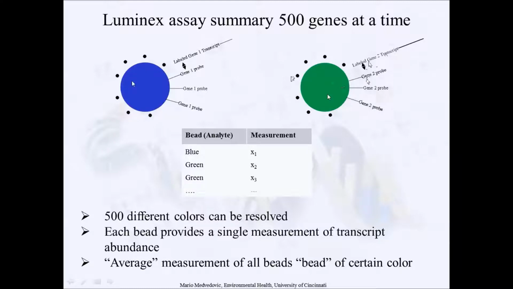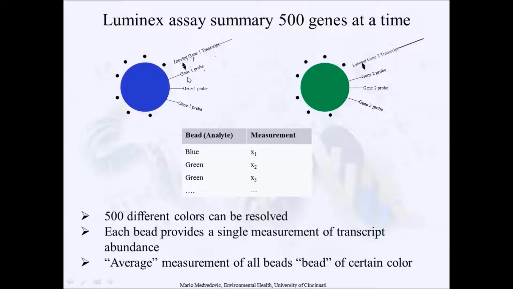So what happens is then a typical hybridization assay, that this pool of lots of these beads, 500 different kinds of them, is thrown into the soup, and then depending on the relative abundance of different transcripts, which are labeled, I guess, or it doesn't really matter, we can think about them as labeled transcripts, the appropriate ones will hybridize.